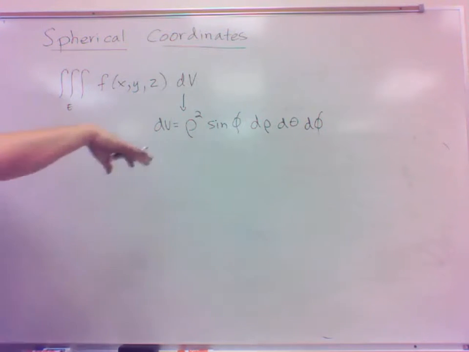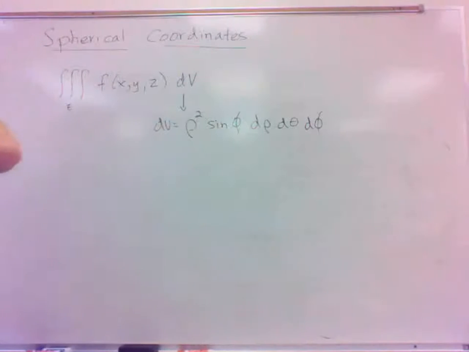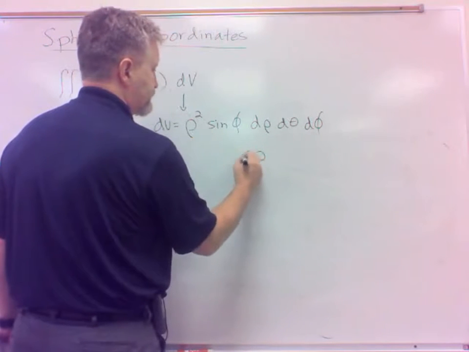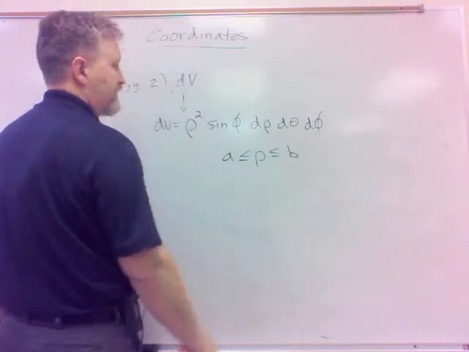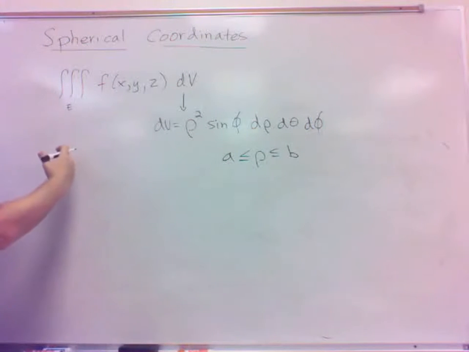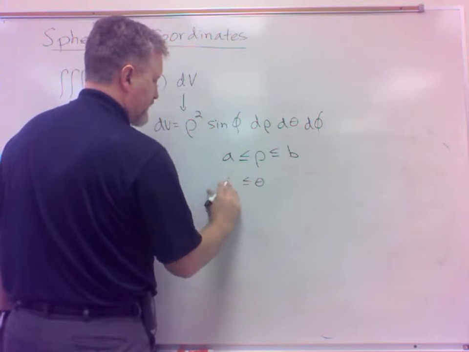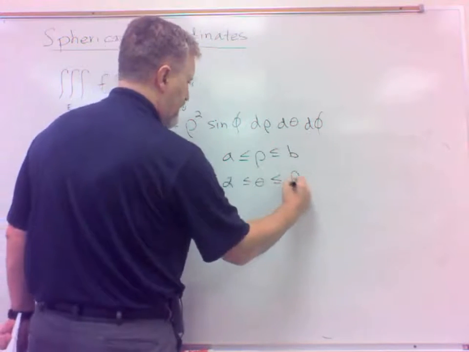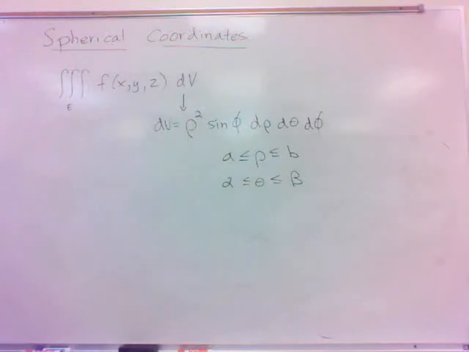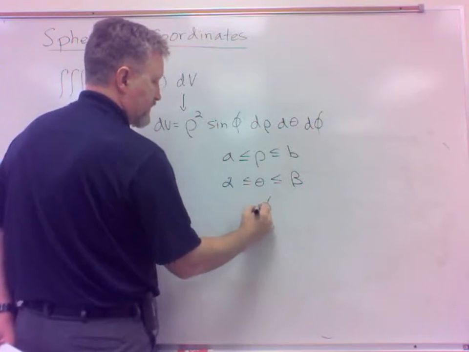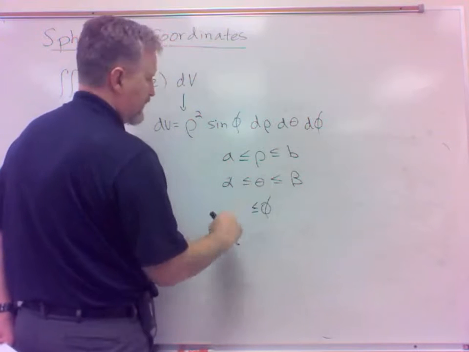The good thing is, rho is just going to range over a fixed amount, from A to B, they usually call it. So how far out you go from your origin there. And of course, theta, we usually rotate from alpha to beta, how much it changes in the xy plane, the angle there. And then phi is also going to range between two angles.